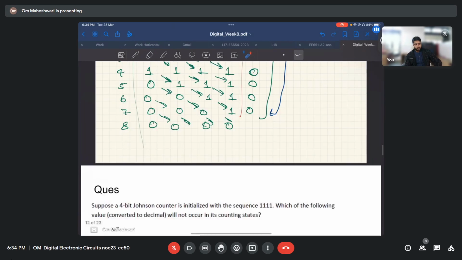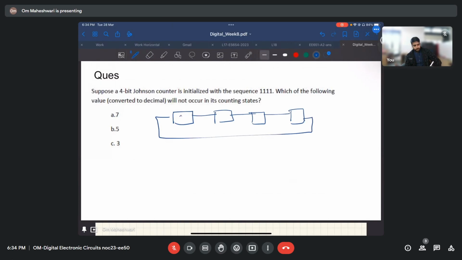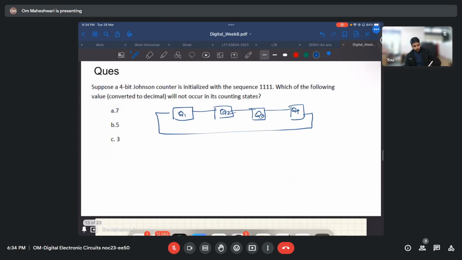So we have this as the ring counter, right? Let me draw it again. We had this, but here Q4 bar was going here. Q1, Q2, Q3, Q4. This Q4 bar is the output.